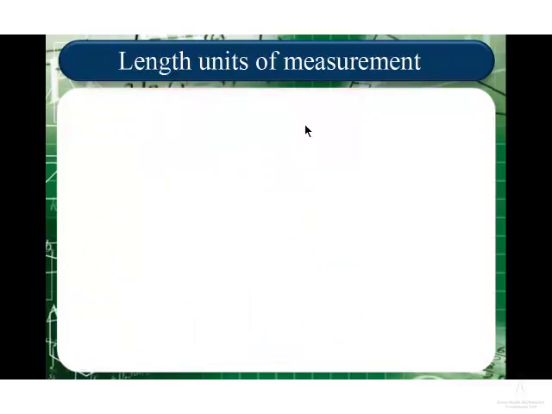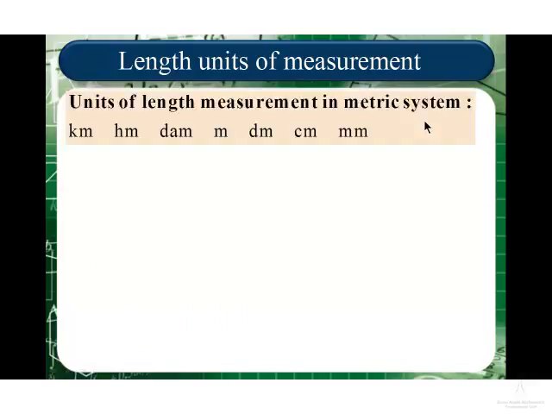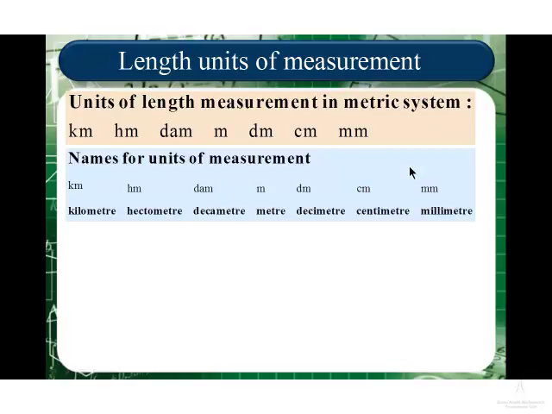Let us first of all look at the concept of length and the units of length for the sake of measurement. Here we have the scale in terms of what we can utilize to measure length, in this case within the metric system.